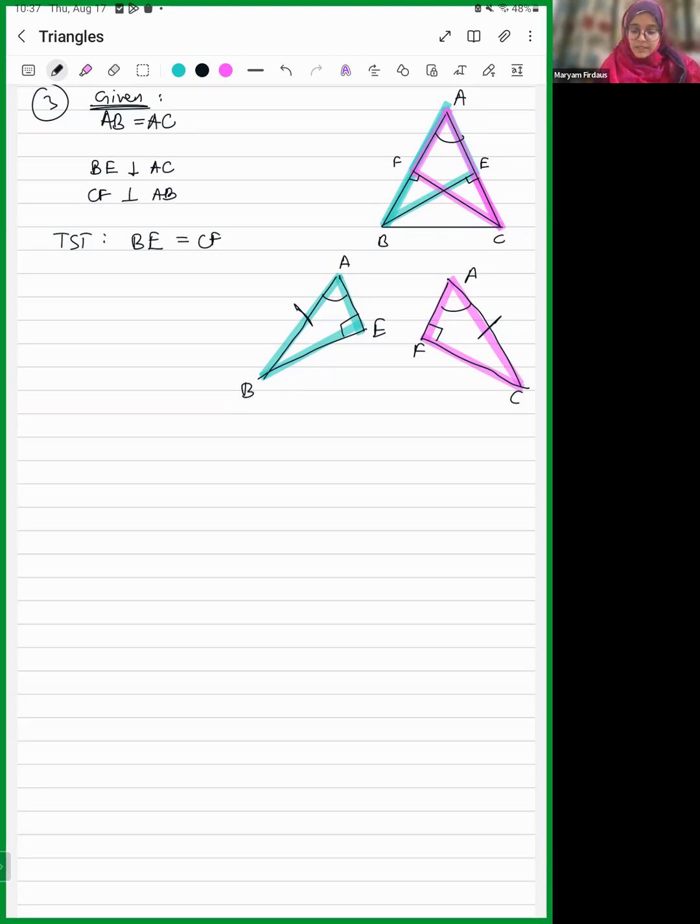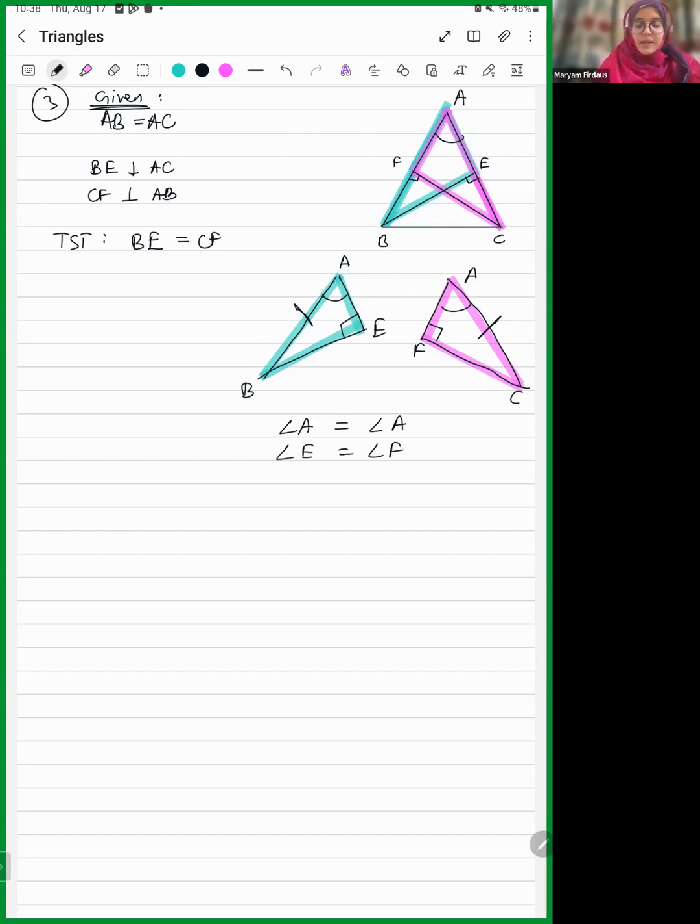When you have two angles, then you can always show that the third angle is equal. Let me tell you. Angle A is equal to angle A, fine. Then angle E is equal to angle F. I'm talking about these two triangles right now.